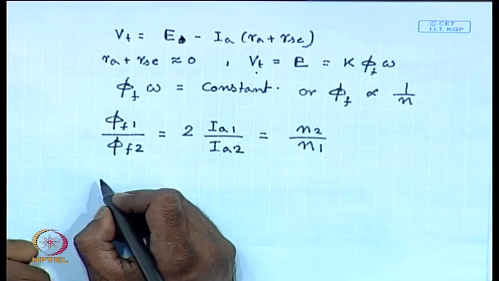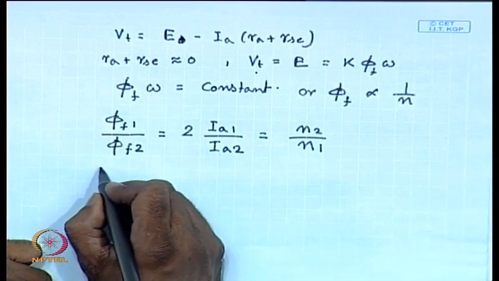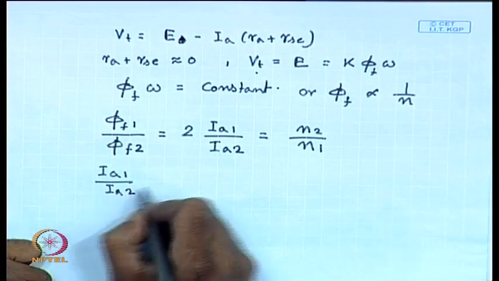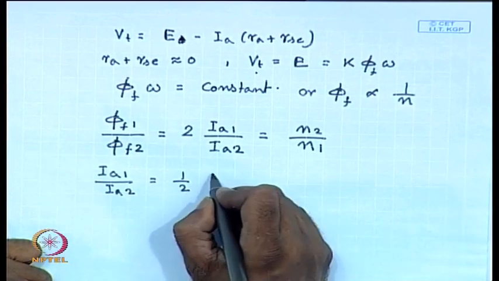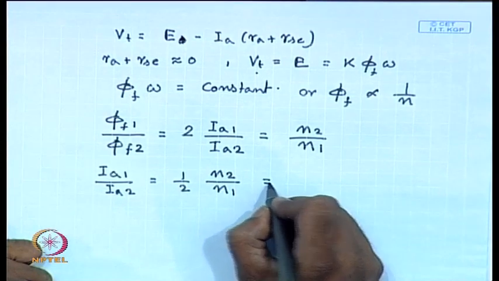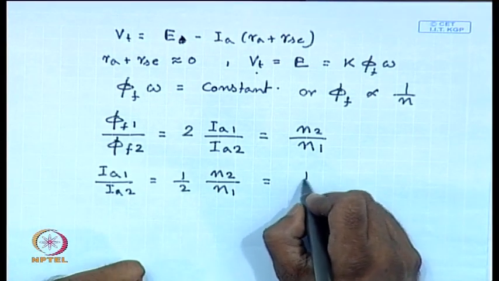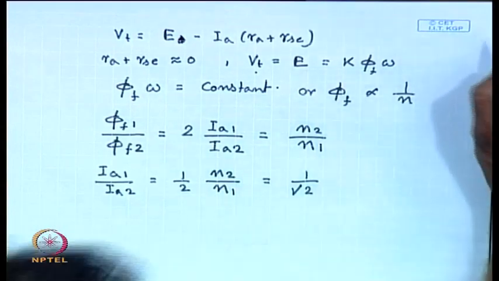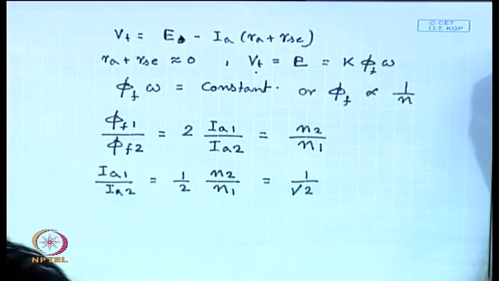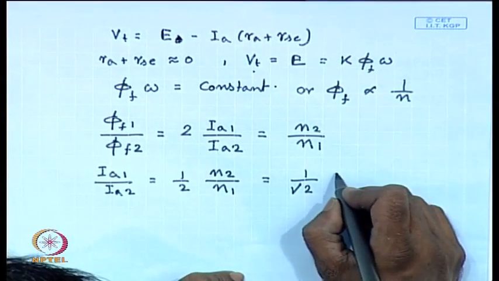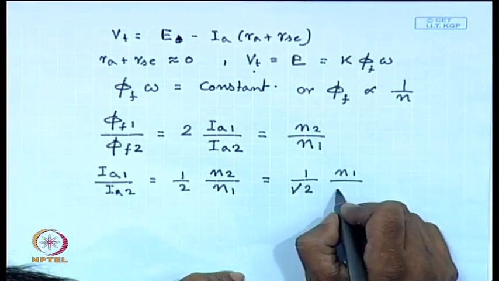Therefore, we have another relationship, Ia1 by Ia2 equal to half N2 by N1, and we have also seen this is equal to 1 by root 2 N1 by N2.